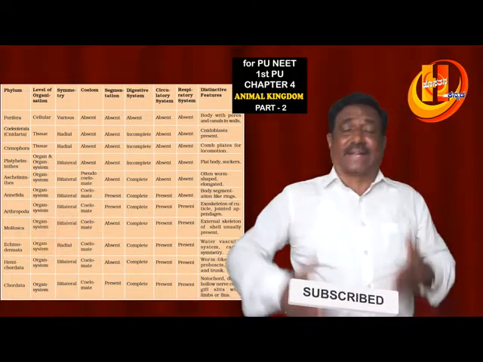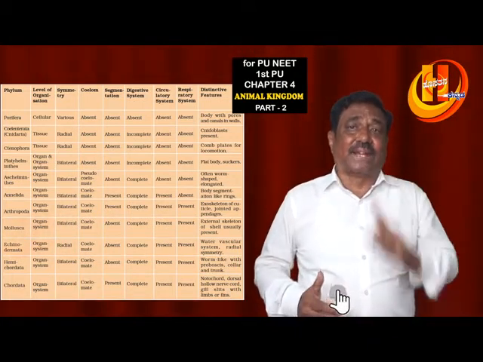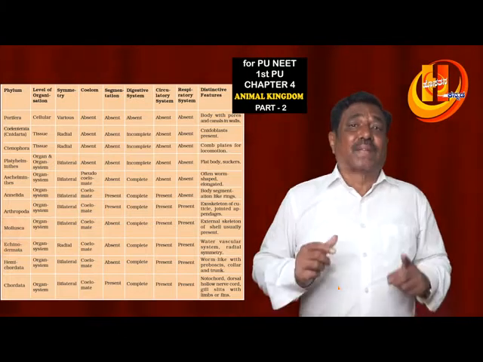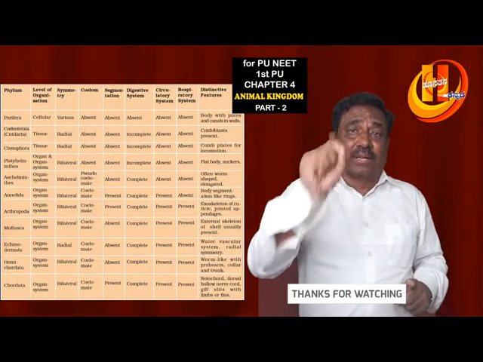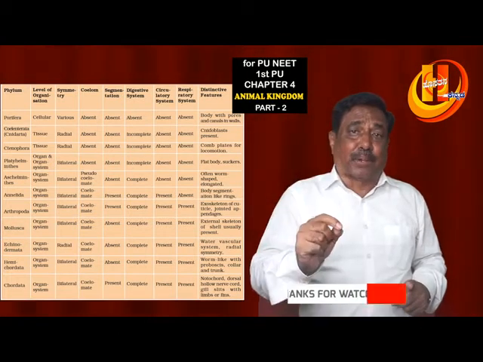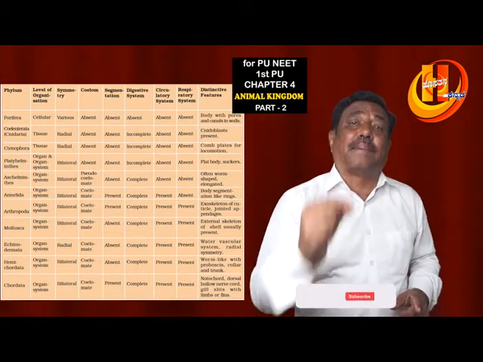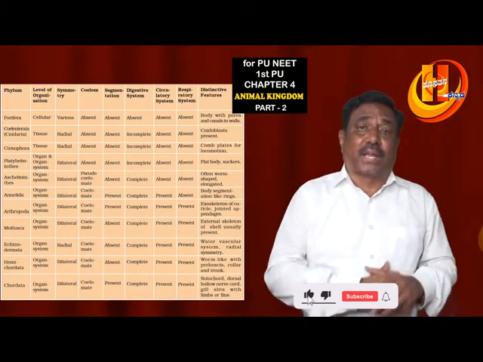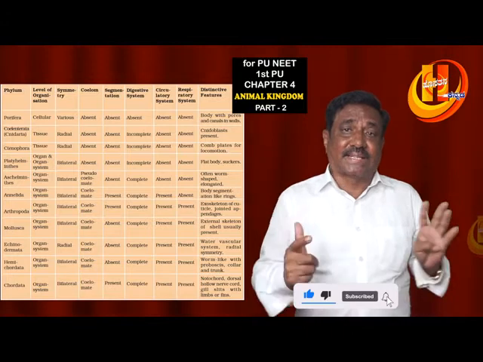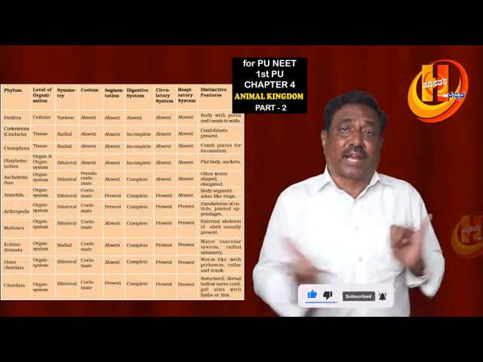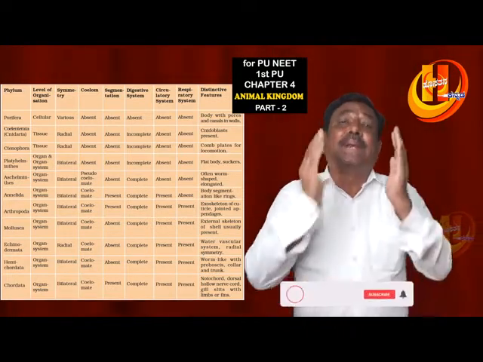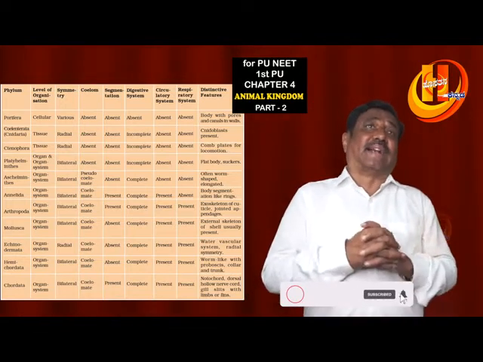That is very important. Digestive system in the first one, Porifera, absent, and Coelenterata and Ctenophora have incomplete type of digestion. And after the Ctenophora, Platyhelminthes, Aschelminthes, Annelida, Arthropoda, Mollusca, Echinodermata, they have complete type of digestion.